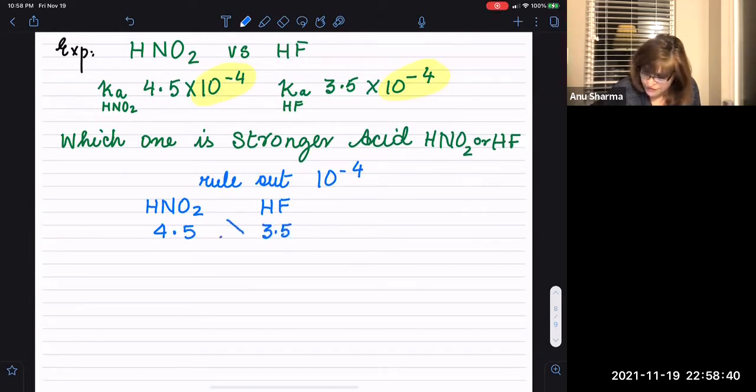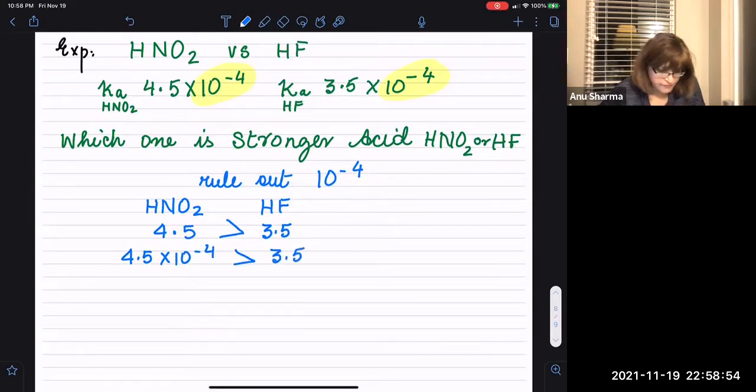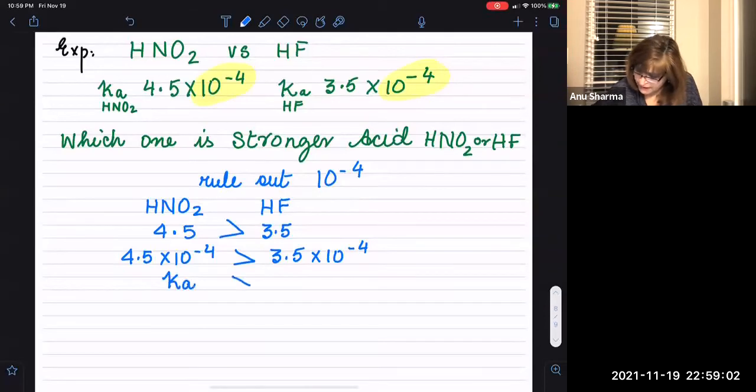So 4.5 is bigger than 3.5, right? So 4.5 into 10 to the power negative 4 is bigger than 3.5 into 10 to the power negative 4. So the Ka of HNO2 is larger than the Ka of HF. So this is going to be stronger.